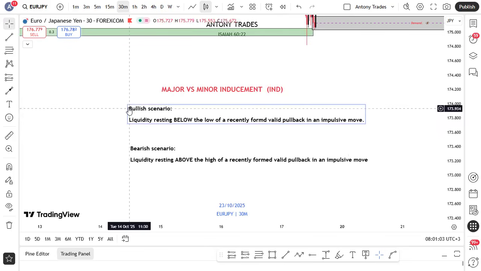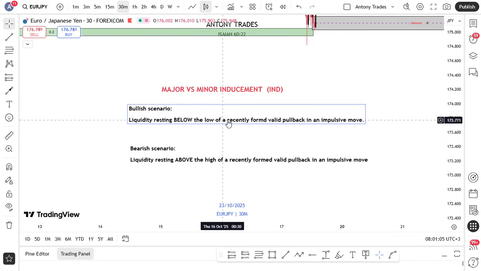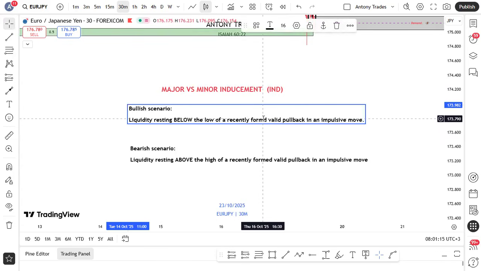This is what we call an inducement. So in a bullish scenario, when we have a liquidity resting below the low of a recently formed valid pullback in an impulsive move.